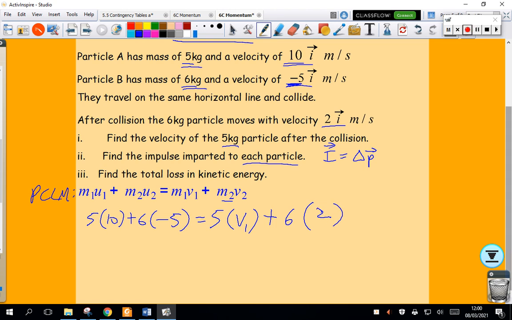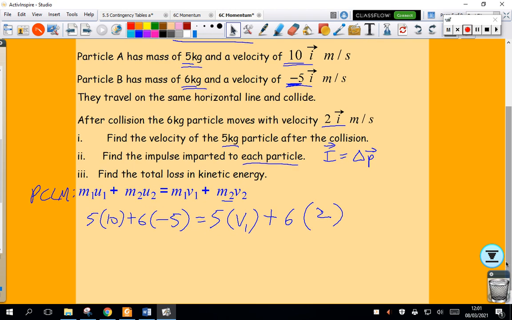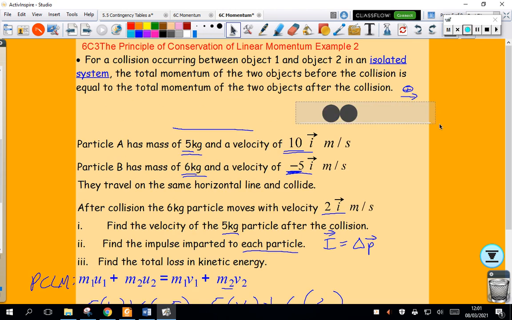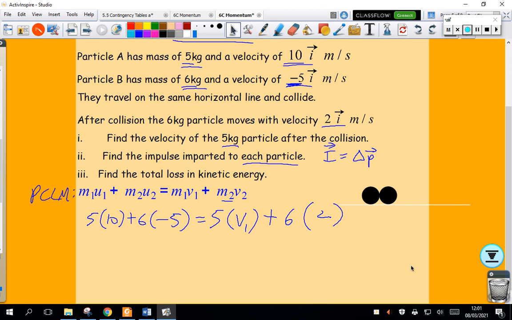So a couple of things to note there just before I go on. And again, you really try to think about this in a general kind of way before you do anything else. So initially, the first particle here was traveling to the right, second particle is traveling to the left.